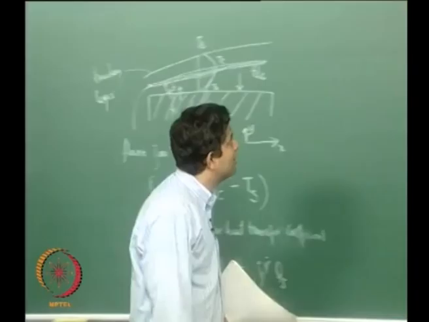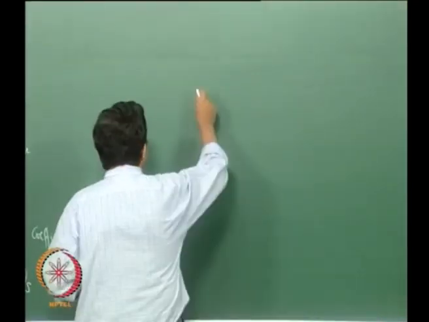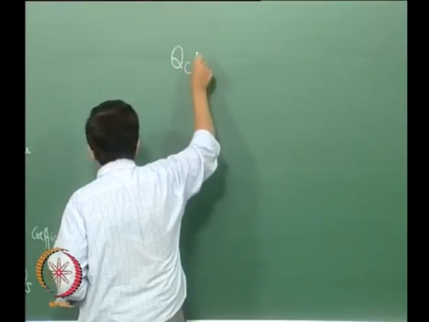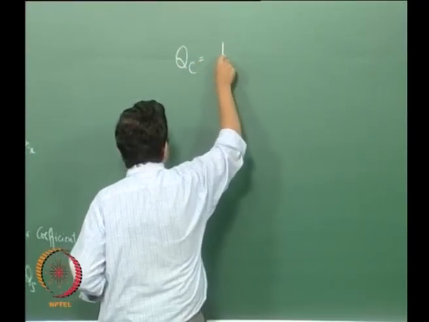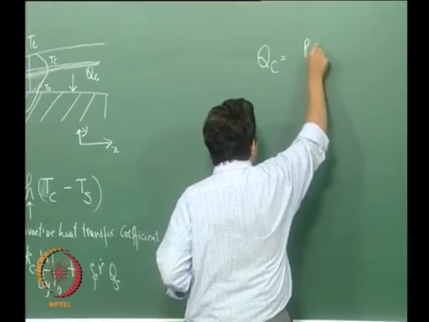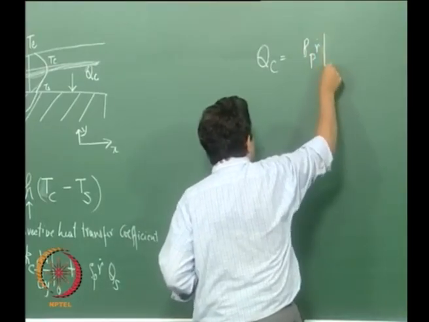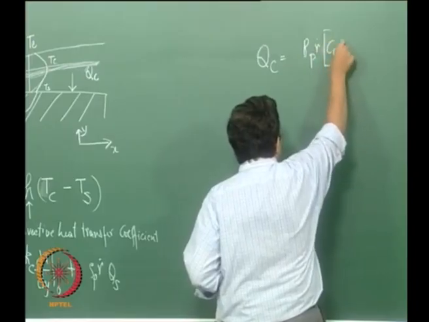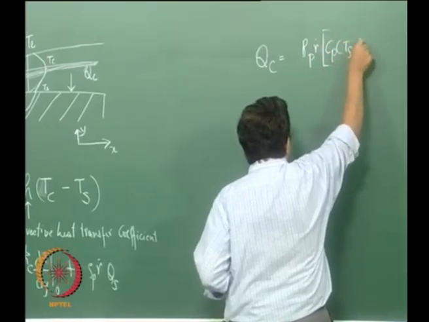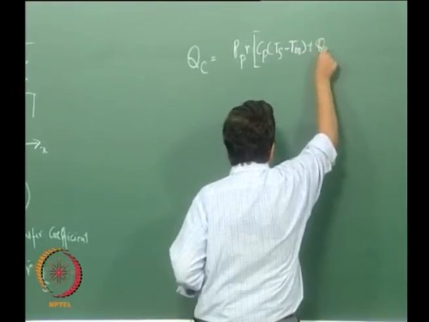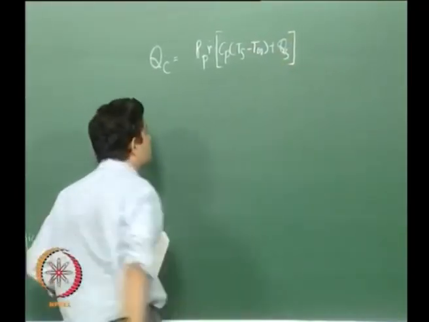So I can rewrite this as QC must be equal to rho p r dot.